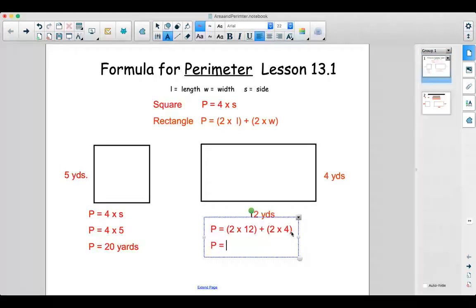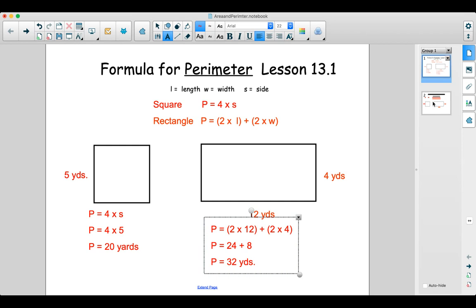P equals 2 times 12 is 24, plus 2 times 4 is 8. So our perimeter equals 32 yards. So that's how you calculate perimeter.